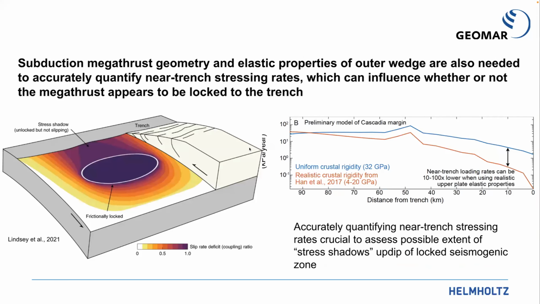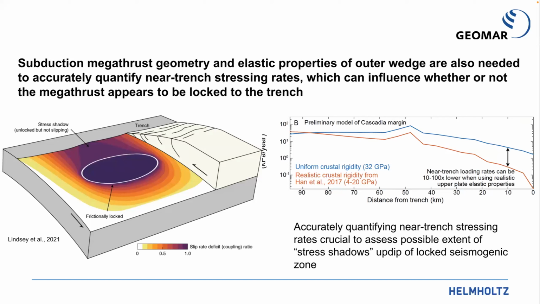And then another issue that I think is going to be really important to look at is what the stressing rates are out near the trench. Again, similar to the surface deformation, that is going to be very strongly influenced by the elastic properties and the shear moduli of the material surrounding the fault zone.